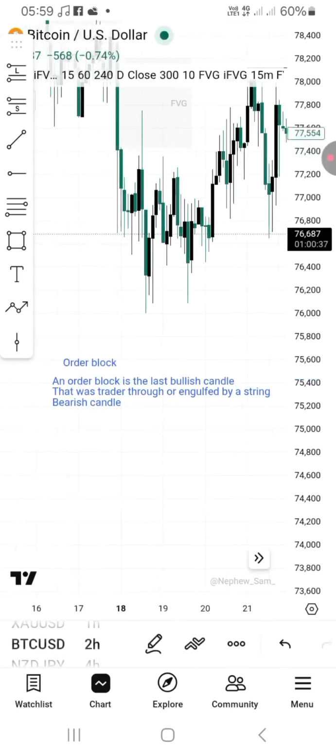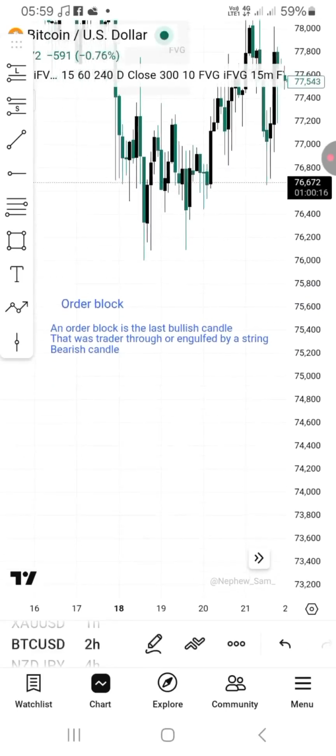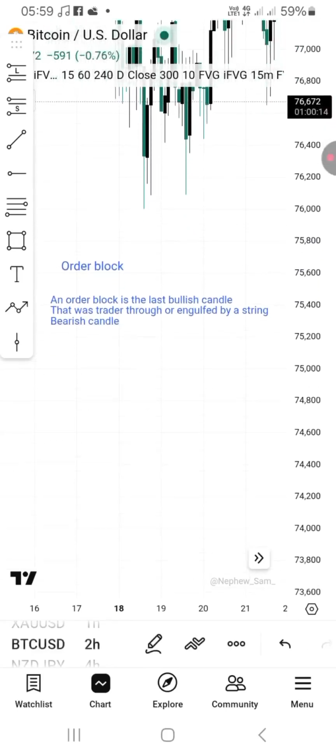So it's just an inverse of what an order block is, depending on the market you are trading. So this is just the basic definition of an order block.